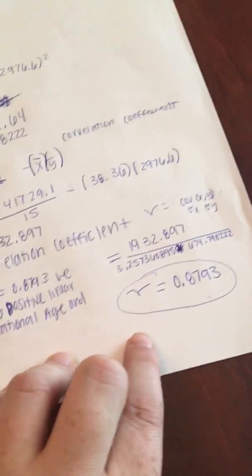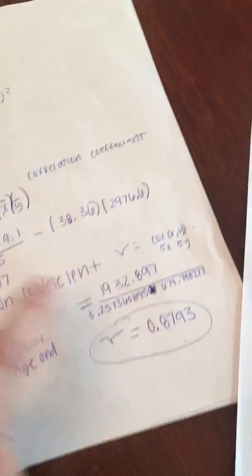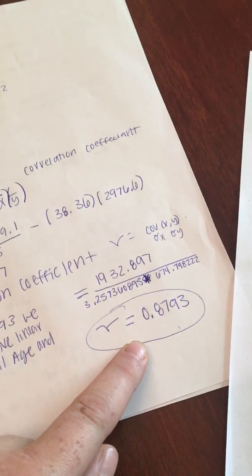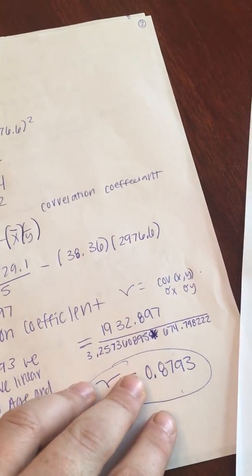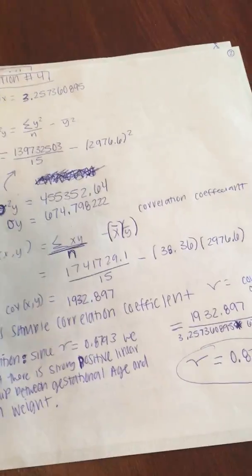You plug all that into the equation, and we get 0.8793, and that is our R value.